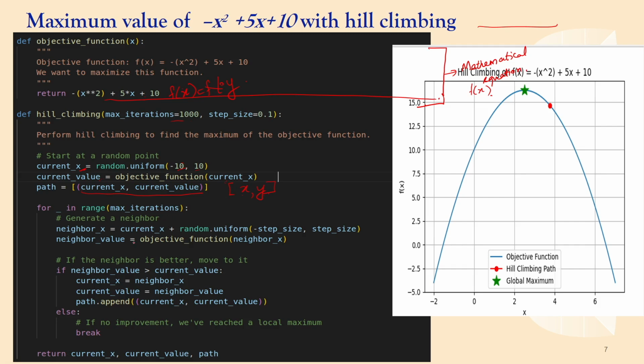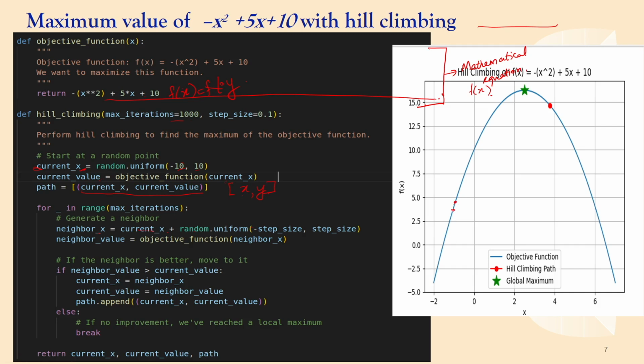We are going to see the calculation of the neighbor. So, how is the neighbor calculated? The neighbor is the current x, at this point, plus some random value. Suppose we are at this random point here, and current x plus some step size value gets us to this point.